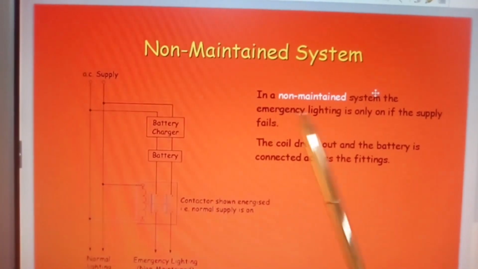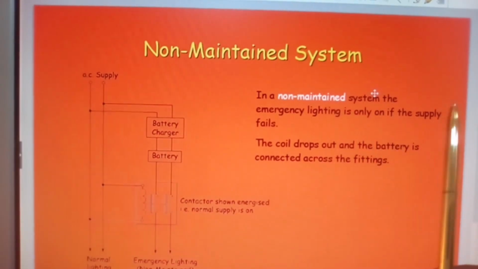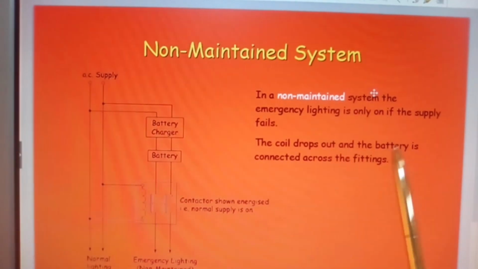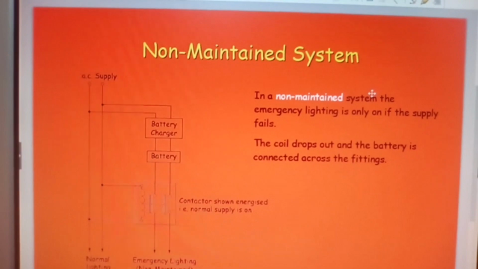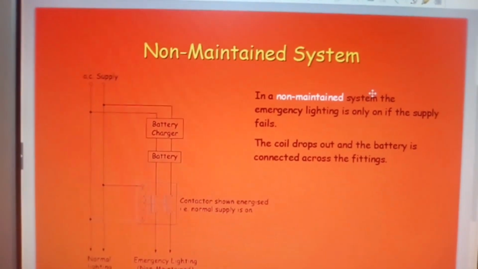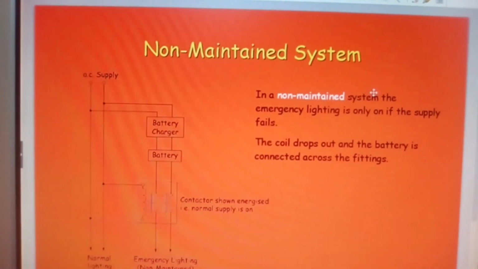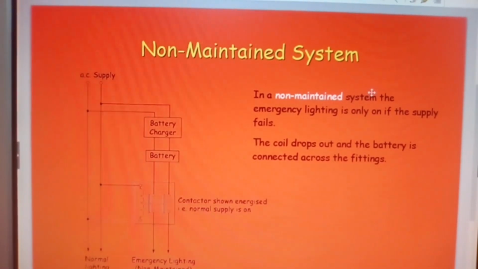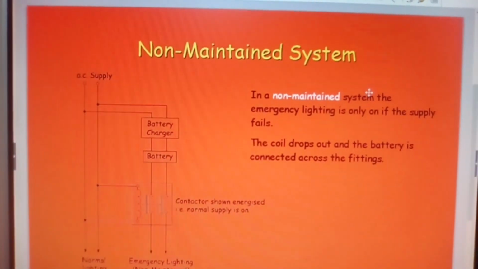In a non-maintained system, the emergency lighting is only on if the supply fails. The coil drops out and the battery is connected across the fittings. In my view, the problem with the non-maintained system is the battery charger; over a period of time, the batteries may deteriorate.